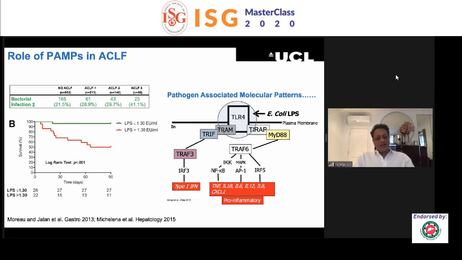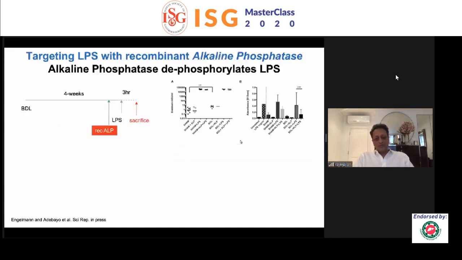And when TLR4 is targeted, it sets up a train of inflammatory response, which ends up in cell death, which may be necrotic forms of cell death. So simplistically, we said, okay, if that is the situation, what can we do? Can we do something about LPS? Can we do something with TLR4?